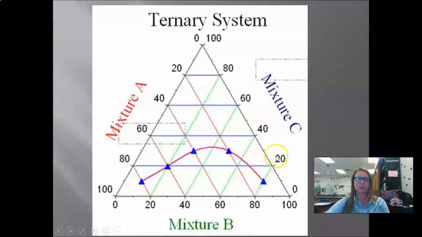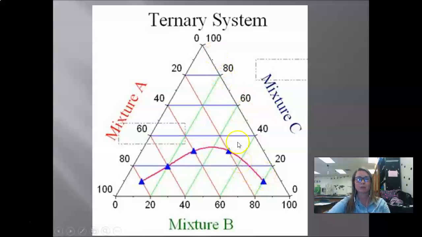So this one would be like 20% of mixture C, maybe about 10% of mixture A, and then about 80% of mixture B. So if we add that all together, it should equal up to 100, which that doesn't work out very well, since this is not 80, 90, 100 would be right there. So we'll have to double check that.